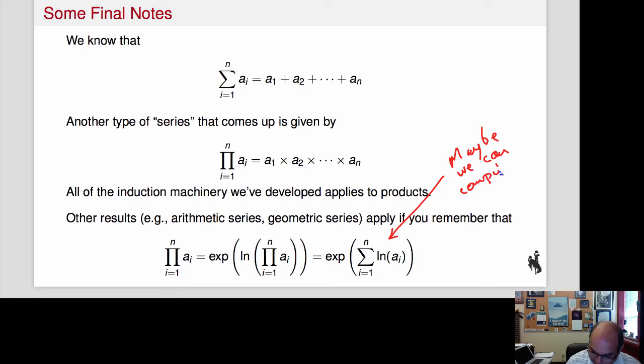Right? So if we can compute that sum, then what we'll do is take e to that sum, and e to the log is just the identity function, so I actually get back the product, right? So if you see someplace that you have to calculate a bunch of products, just remember that trick, right? Take the logs of individual terms, figure out what the sum is, and then raise e to that, and that will give you the answer.